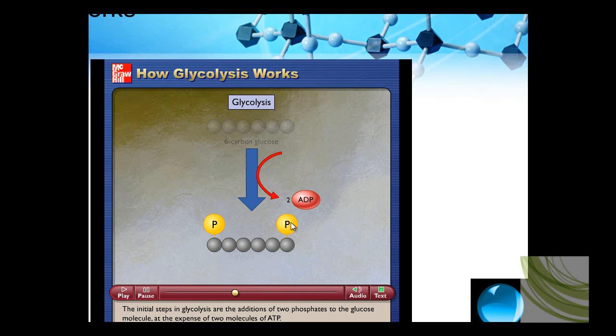When you attach an energy phosphate from an ATP to a molecule, that is called phosphorylating the molecule. Very, very important to remember that. Okay? So you phosphorylate that glucose.